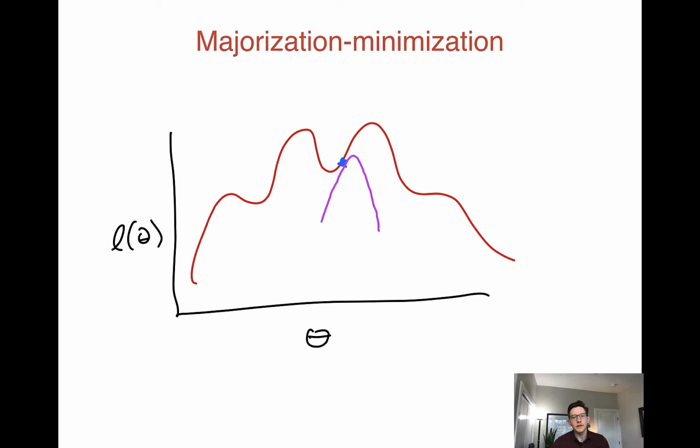So specifically, we're going to define some function that we're going to call q, which has the following properties. By the way, just one note here is that for just this section on EM, we're going to imagine that we're trying to maximize a function rather than minimize it.